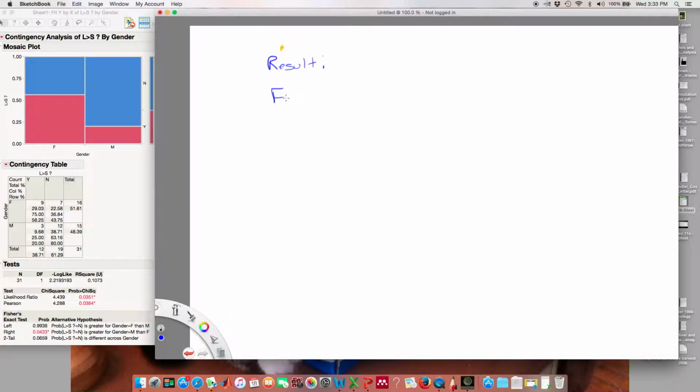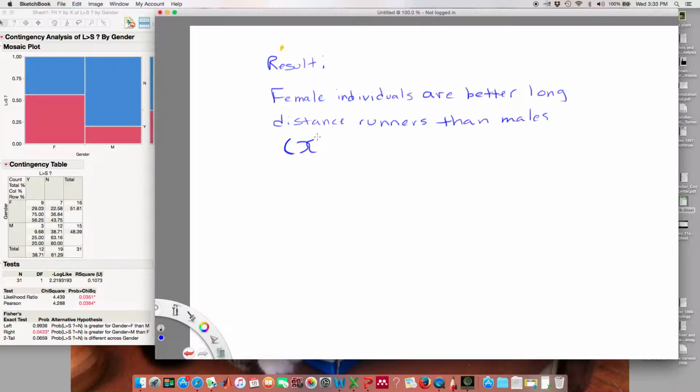I would say female individuals are better long distance runners than males. And of course, I would put my test statistic, which was 4.439.